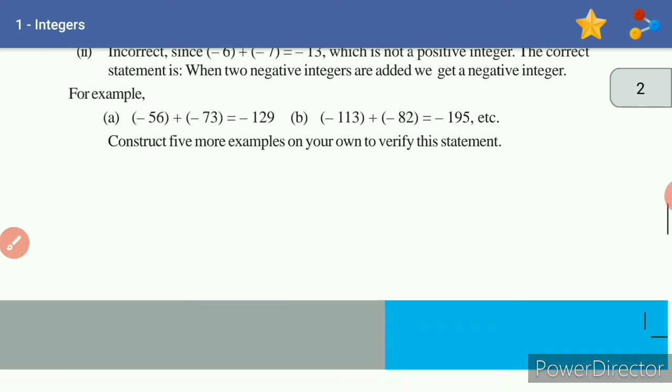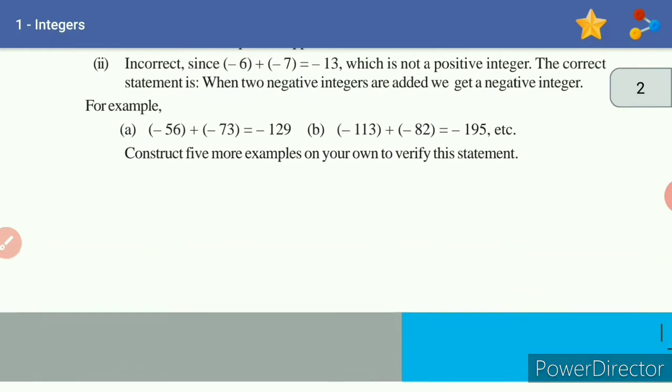Now more examples are given: if minus 56 is added to minus 73, the answer is minus 129, and if minus 113 is added to minus 82, the answer is minus 195.